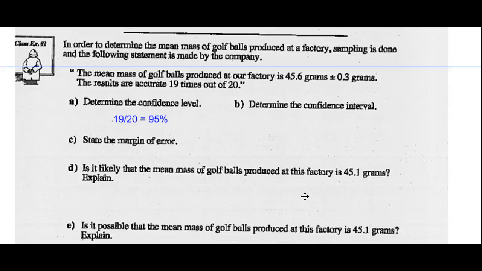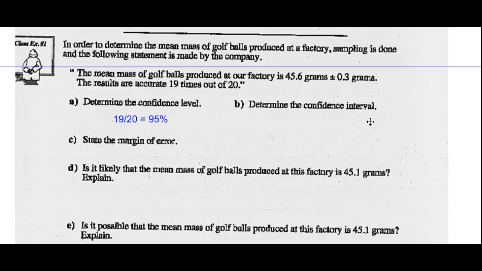The confidence level, recall from the definition, is the likelihood that the true population proportion lies within the range of the confidence interval. So if it's accurate 19 times out of 20, it's accurate 95% of the time. Determine the confidence interval. All right. So we're told it's 45.6 grams plus or minus 0.3 grams.